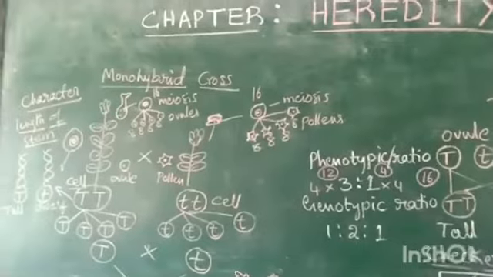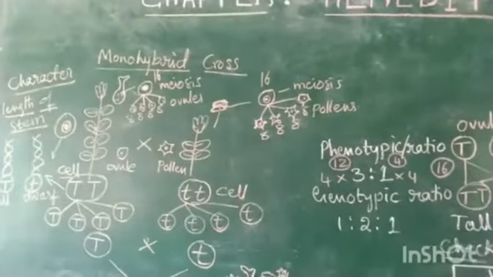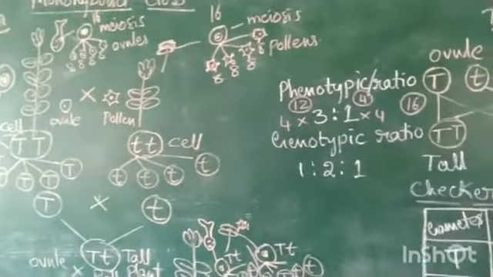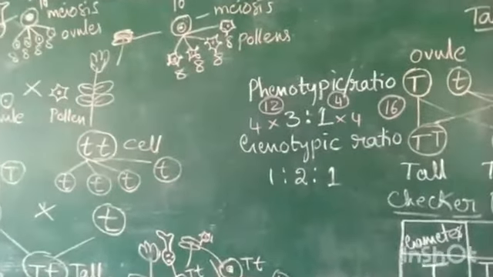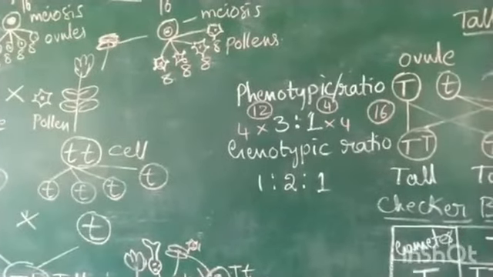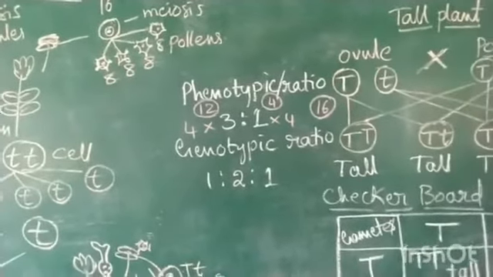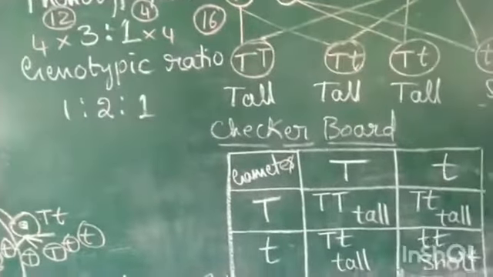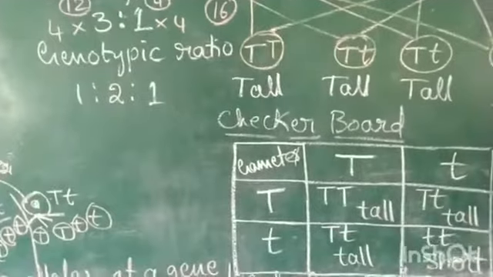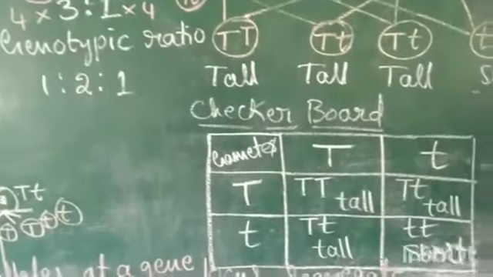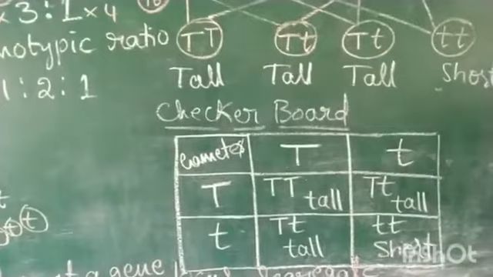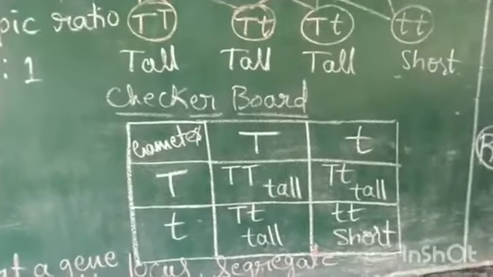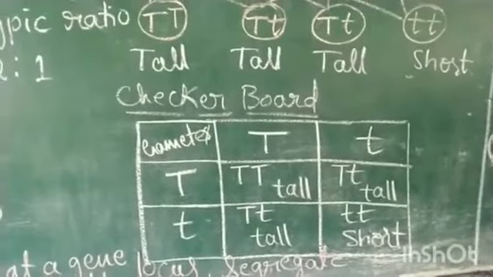In Mendel's monohybrid cross, or first experiment, we learn that the ratio obtained in the plants is 3:1, which is considered the phenotypic ratio, and the genotypic ratio is 1:2:1, where one plant is tall, which is said to be homozygous, whereas two plants are also tall, having the heterozygous condition, and one plant is short.